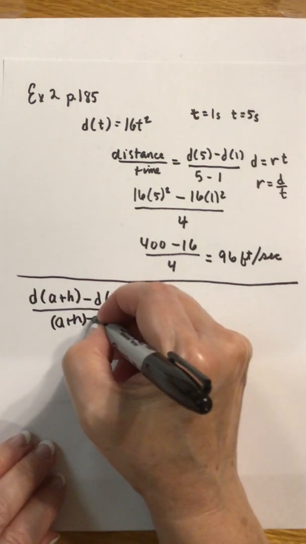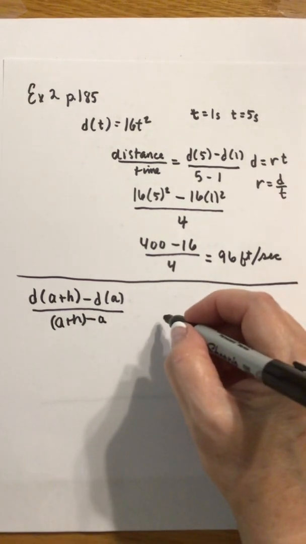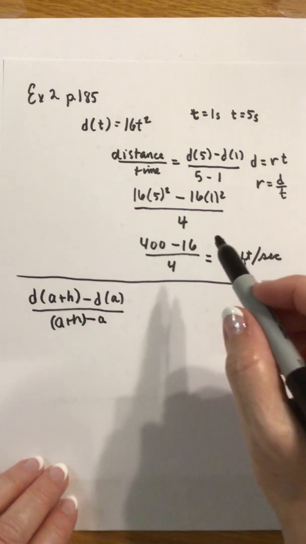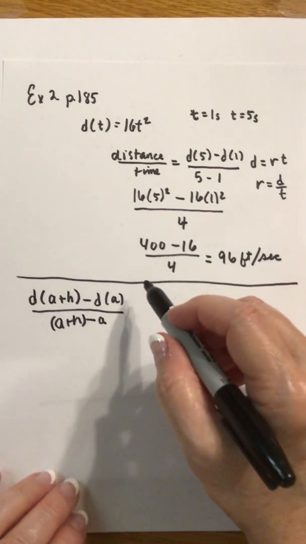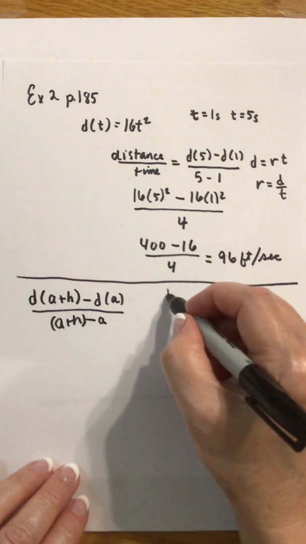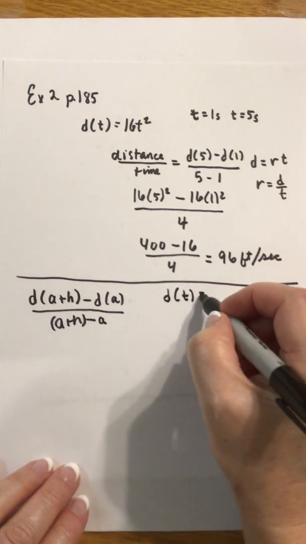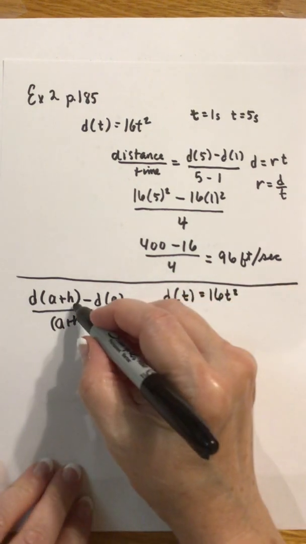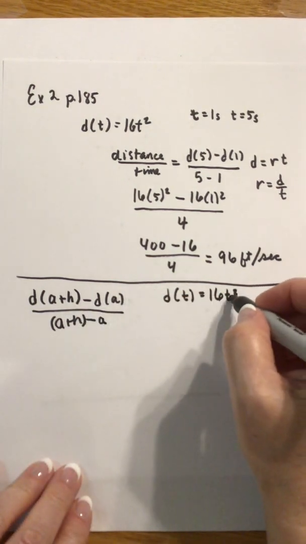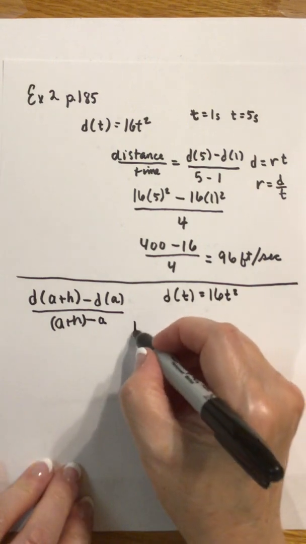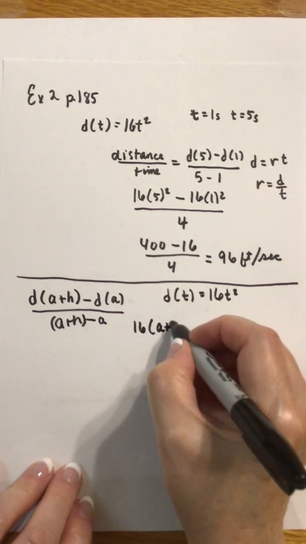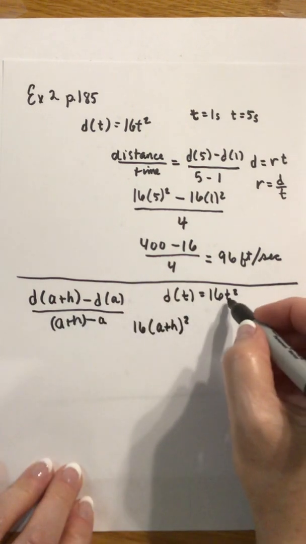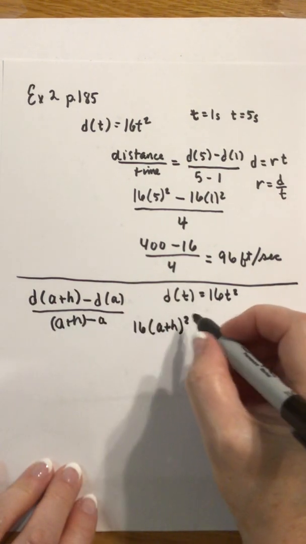Now that's kind of the same thing we did before, except we did the d of 5 and the d of 1. So when we plug this into our formula, the d of t is equal to 16t squared. We're going to plug in a plus h for t. So this gives me 16 times a plus h squared, because that's what I'm plugging in for my input, a plus h. There's my t squared.